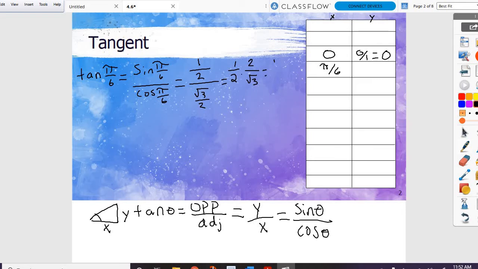So we end up with 1 over the square root of 3, which is also the square root of 3 over 3. Now, is that going to be a nice, pretty number to try and graph? You want to try and graph square roots of 3? Probably not. So if we plug it into our calculator, what do we get as the decimal of that? 0.5 something.